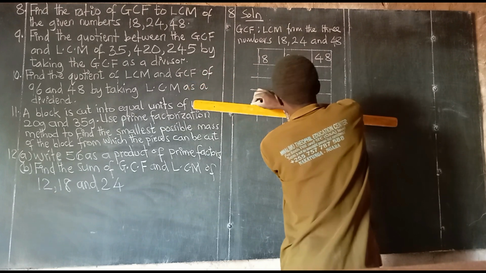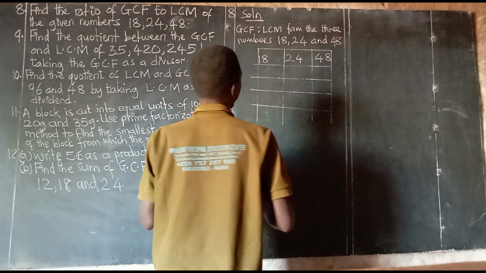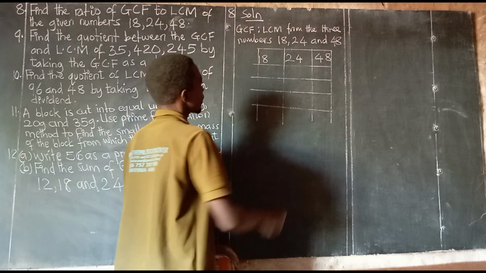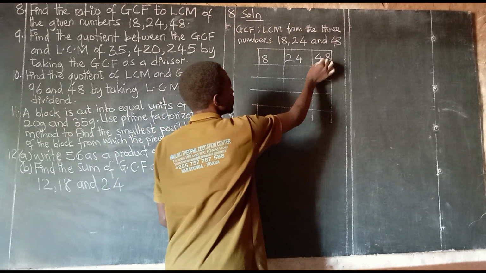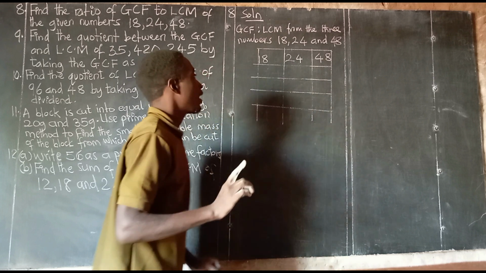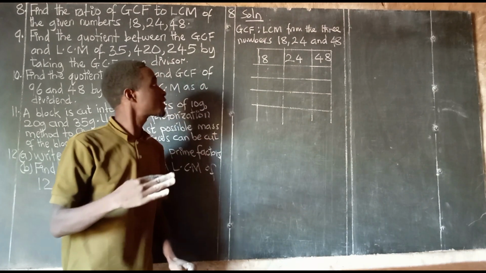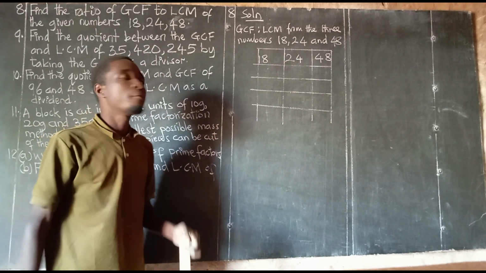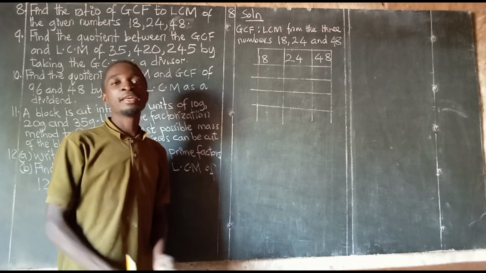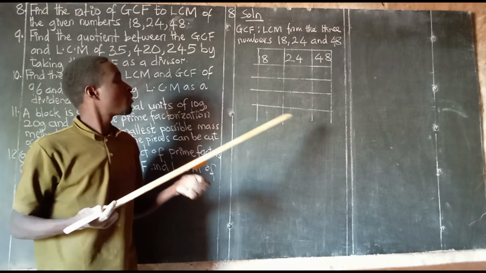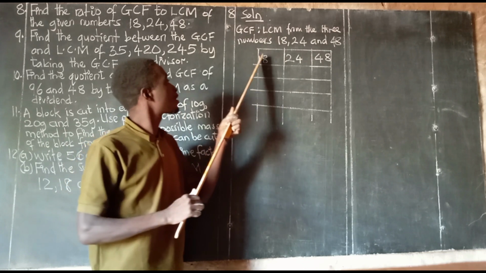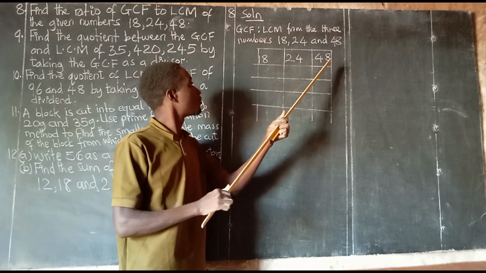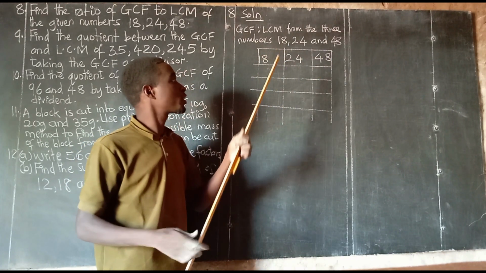Now let us start. As I have been telling you, here we have 18, 24, 48. We have to start by tracing the smallest prime factor, the smallest prime factor which can divide any of the 3 numbers or all of them. So here, the smallest one is 2.